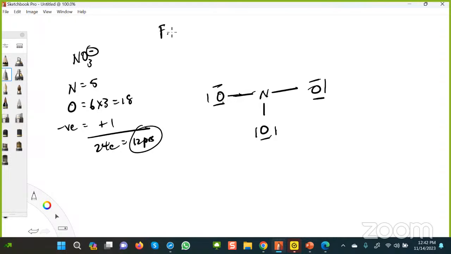Okay, so let's do the formal charge for nitrogen. How do we calculate that? How do you calculate the formal charge for the nitrogen and also for the oxygen?